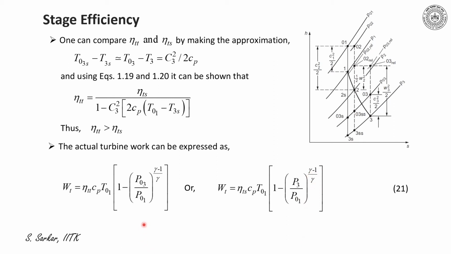That means for total to total efficiency we use the total pressure ratio, and for total to static efficiency we use the static to total pressure ratio.